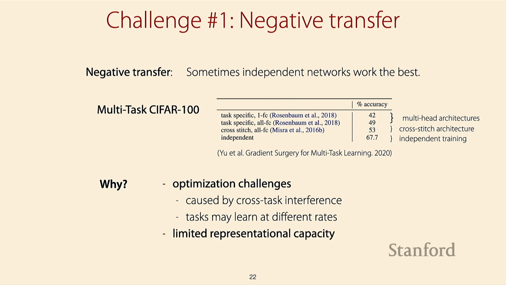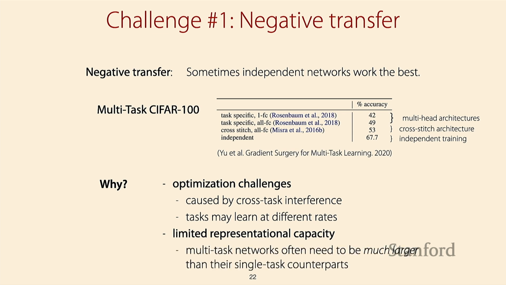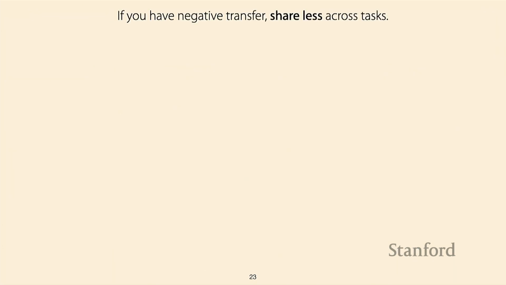It could also be not an optimization challenge, but just a challenge of limited representational capacity. Oftentimes, multitask networks are doing more, and so they need to be larger than if you were to just train on a single task. So if you have negative transfer, the natural thing to do is just try to share less across tasks.